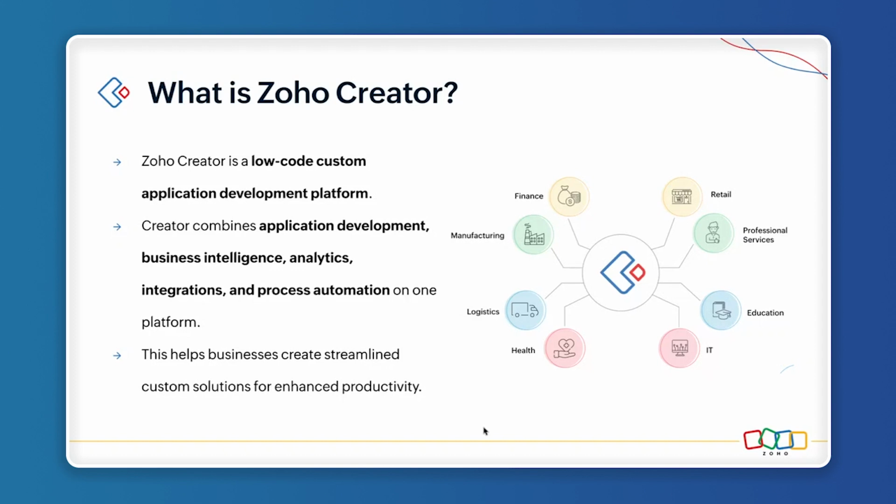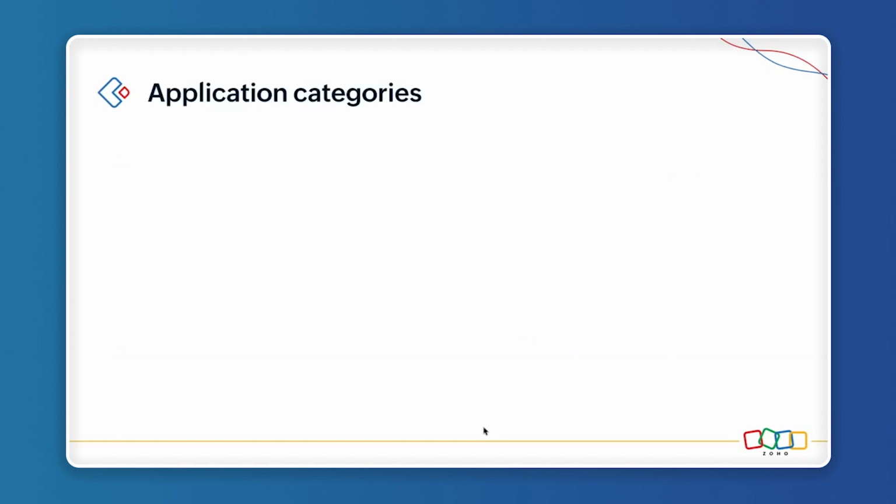We can perform integrations, everything combined in just one platform. This helps businesses streamline their productivity by building custom applications depending upon their business needs. On the right side, you can see a picture that denotes that Zoho Creator can fit into any industry. And every application we build on top of Creator is categorized into four divisions.